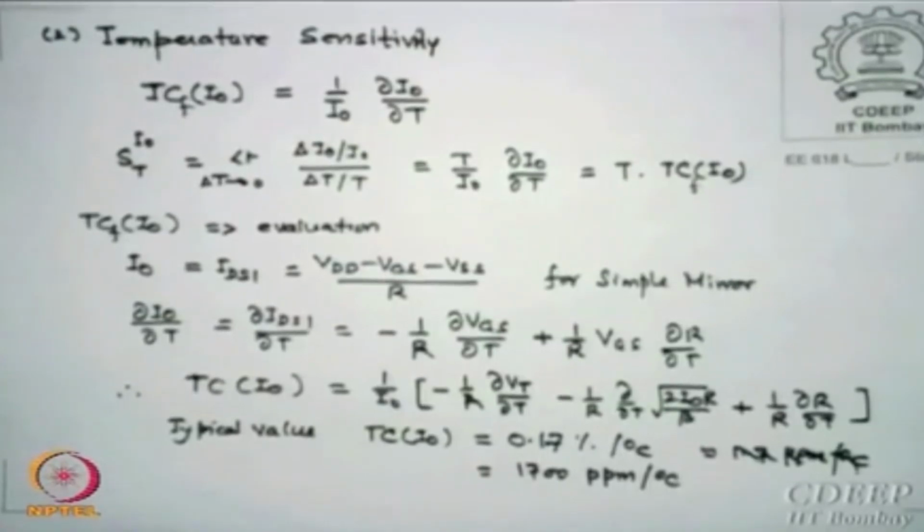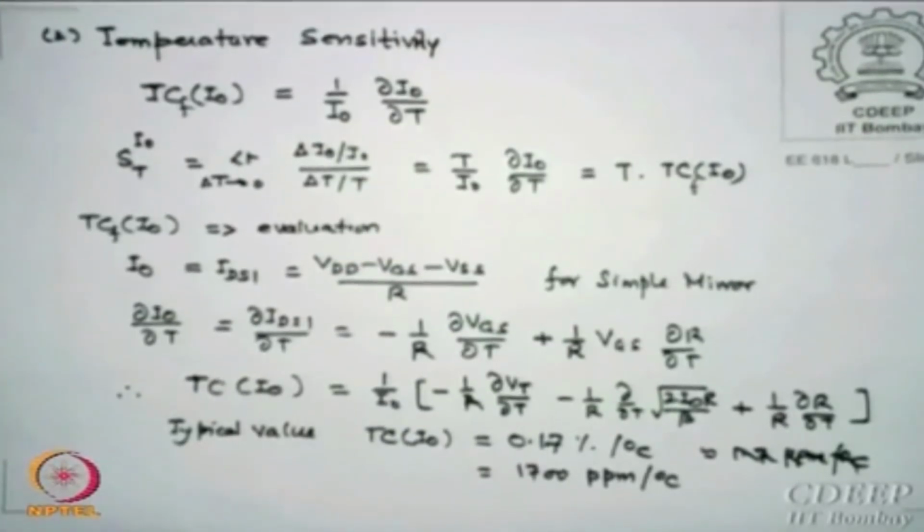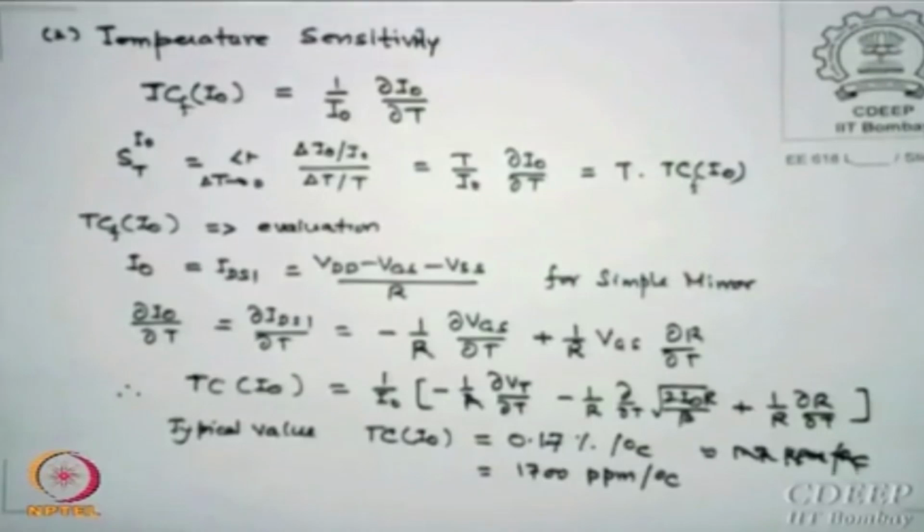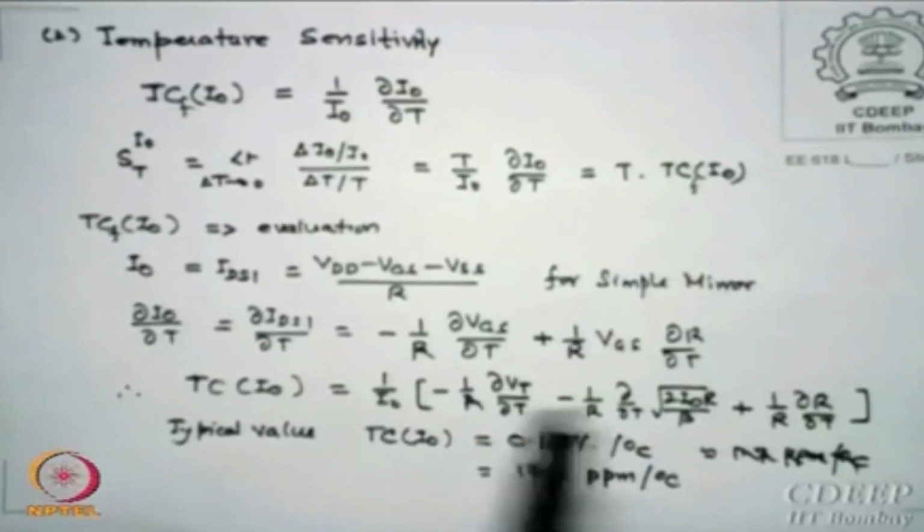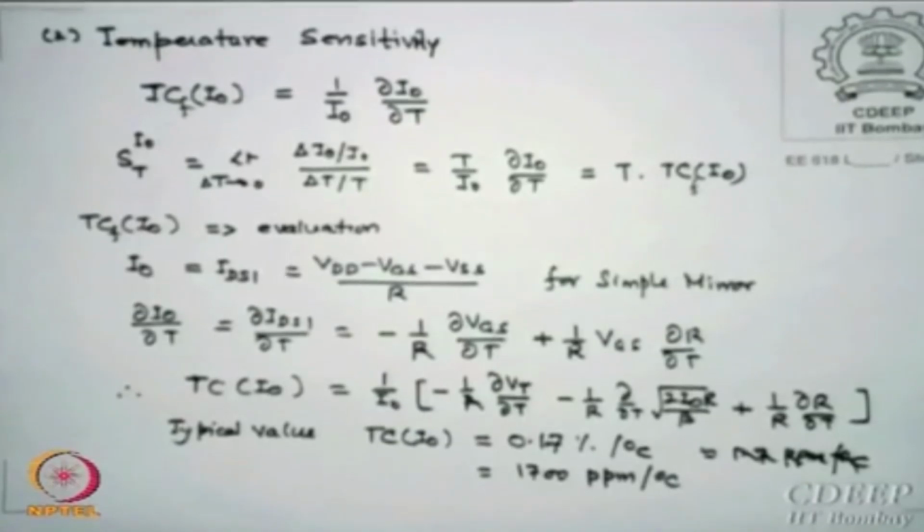We assume VDD and VSS do not change with temperature. This is also not a very valid statement every time, but assume it right now. But mostly you can assume that. But which is the strongest function of temperature? The resistance, which has a direct change with temperature. But VGS also changes because VGS has something to do with Vt, which is VOV plus Vt.